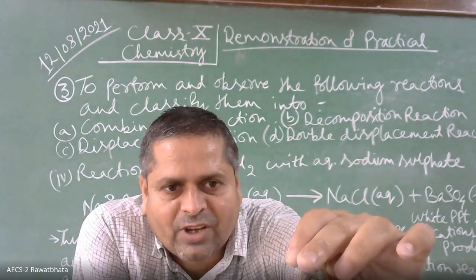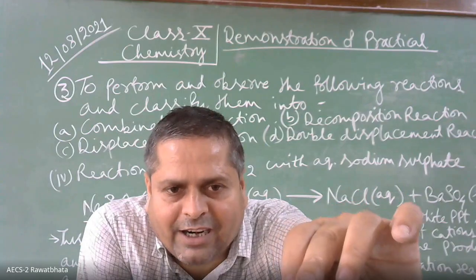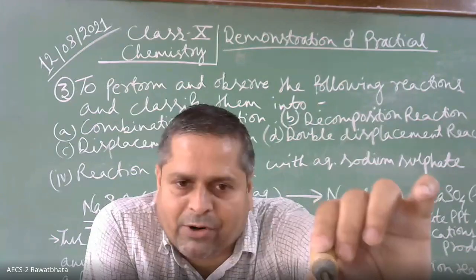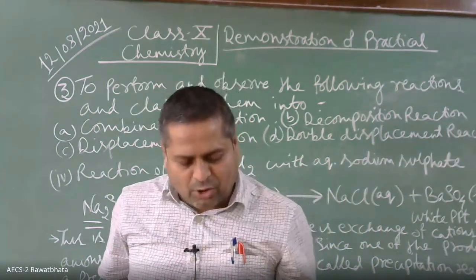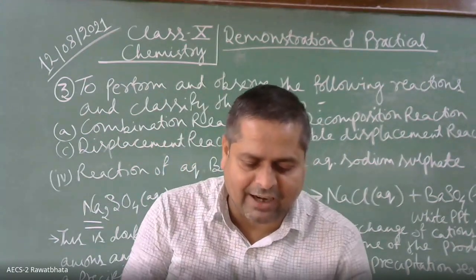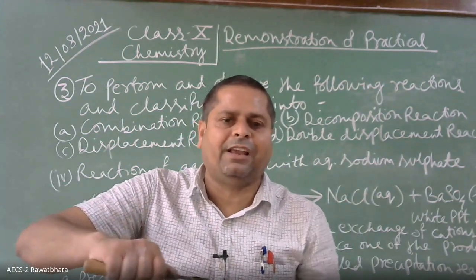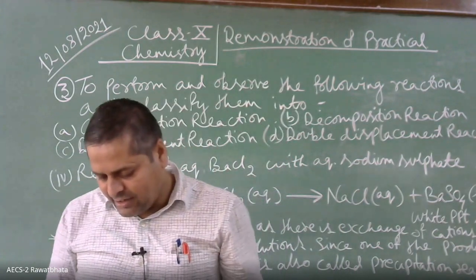What is this brown colored substance? Copper. Copper gets deposited on the iron nail. This shows that copper is less reactive than iron, and hence copper is displaced by iron from copper sulfate solution. Okay, any problem in this? No, sir.